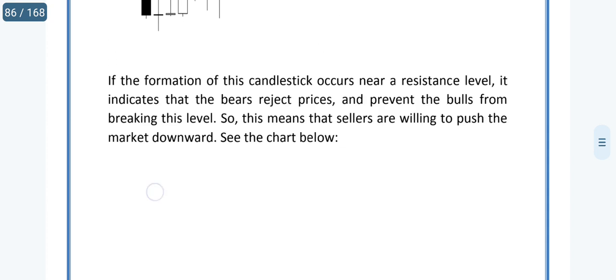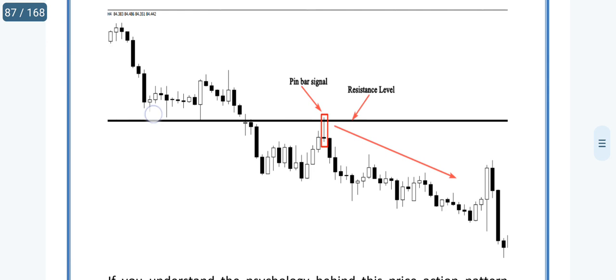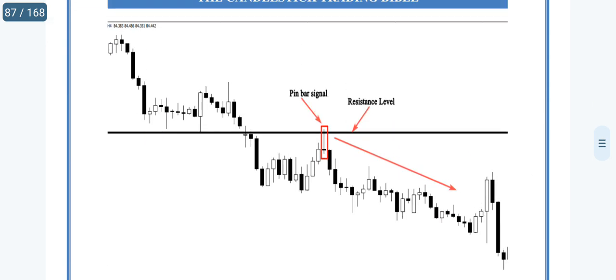So this means that the sellers are willing to push the market downwards, and this is illustrated in this illustration that you are observing right now.